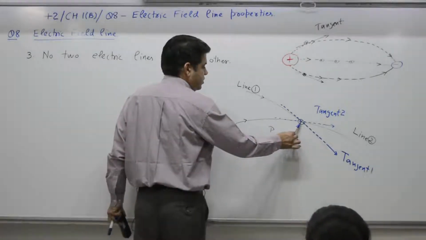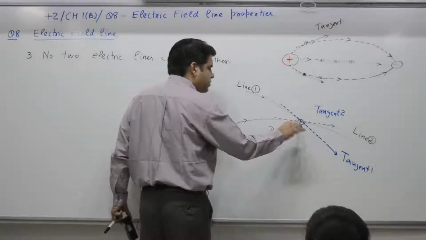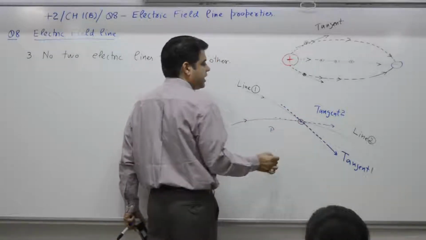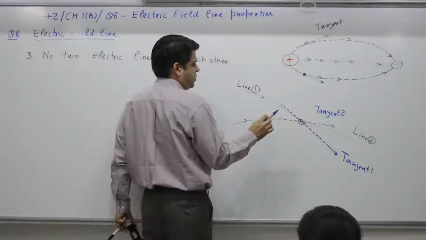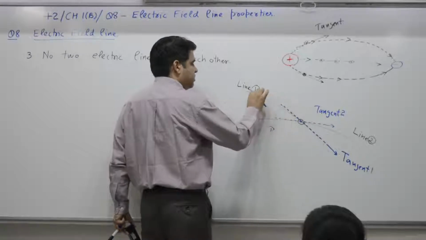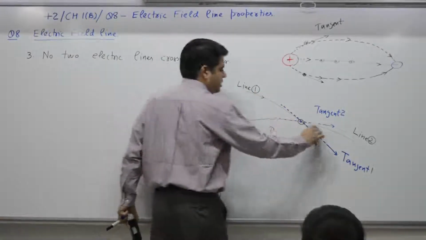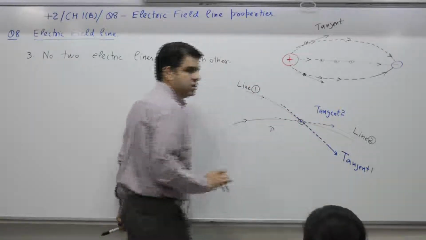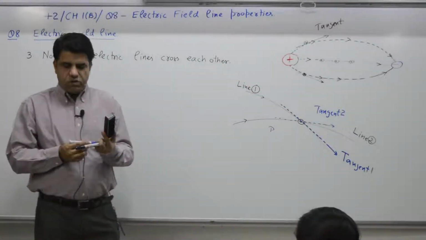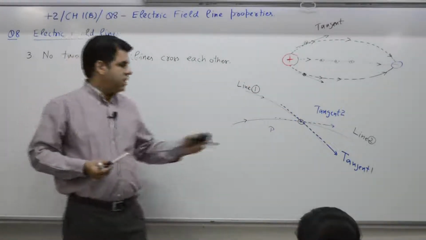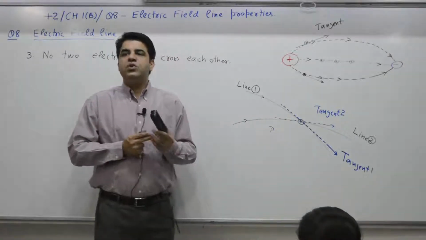These two tangents indicate that it will experience force. As per line 1, the charge will move along this line. As per this curve, it will move along this line. So at one point, it is moving in two directions.